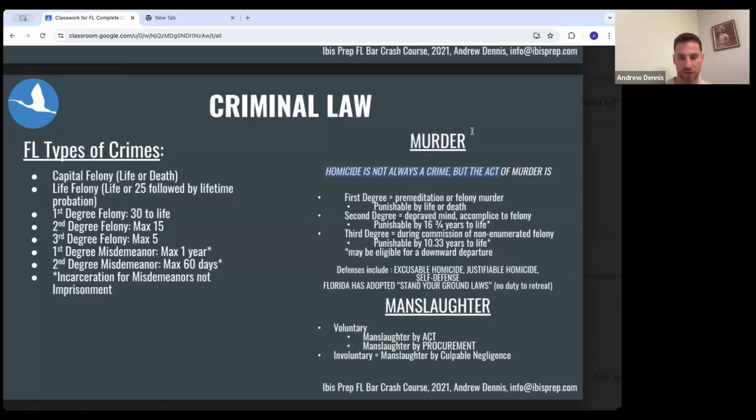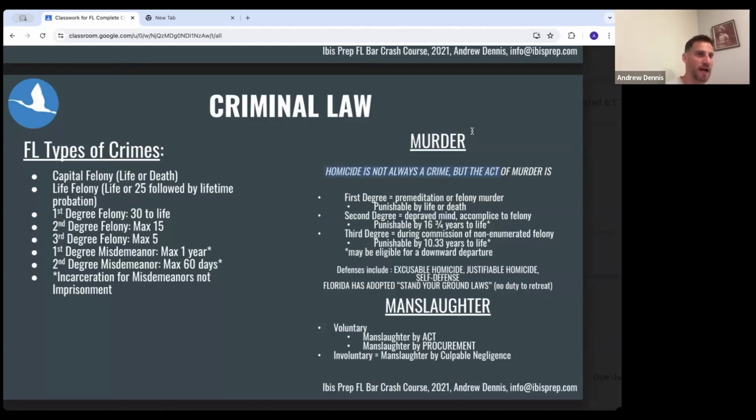Manslaughter, there's manslaughter by act, like you do the thing, and then manslaughter by procurement, you create the situation that leads to the death. And then involuntary is manslaughter by culpable negligence. So voluntary manslaughter, think of adequate provocation. Maybe you walk in on the pool boy and your husband and you shoot them.